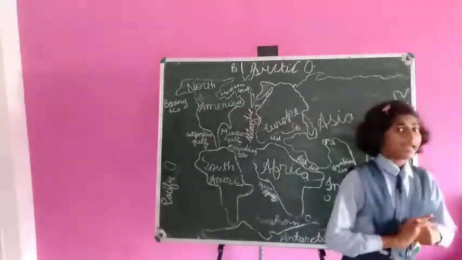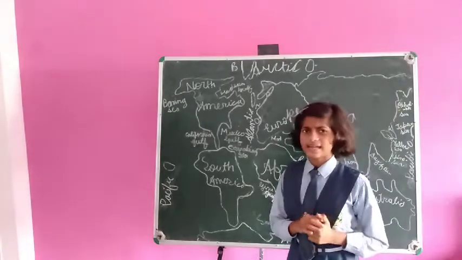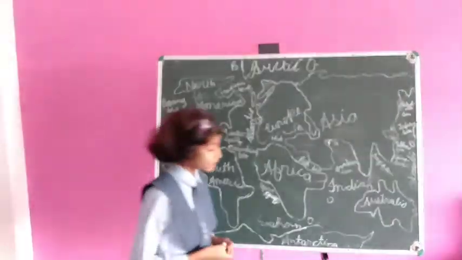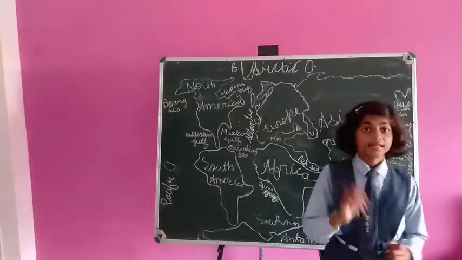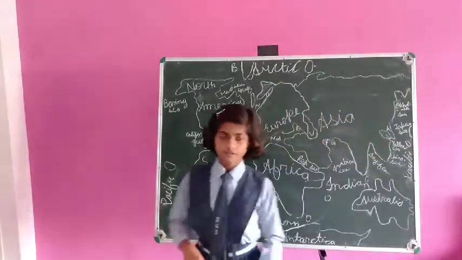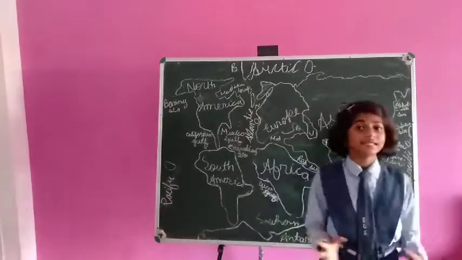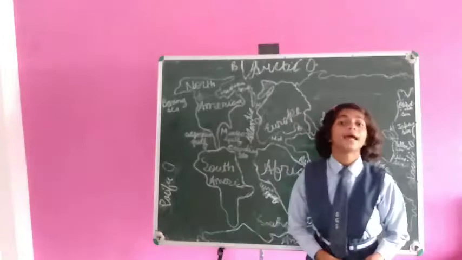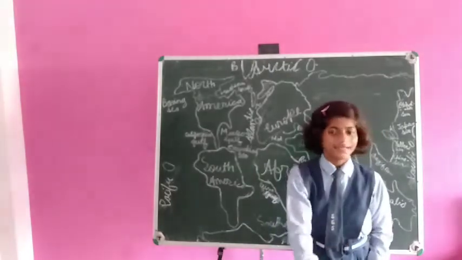You know, the most abundant gases in the atmosphere are nitrogen and oxygen. 78% is covered by nitrogen and 21% is covered by oxygen.